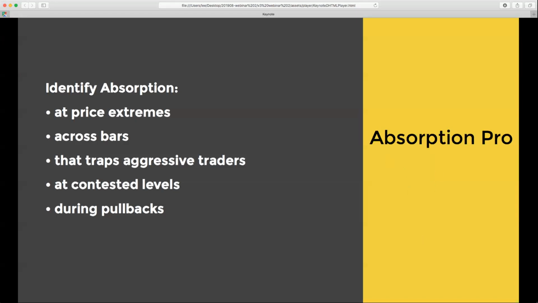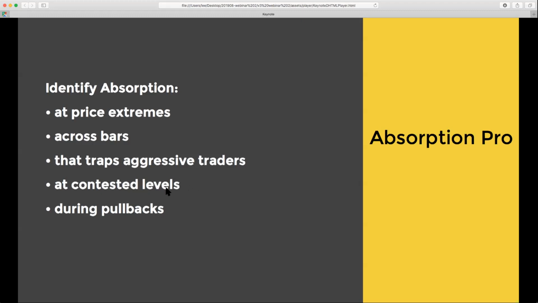It's a single indicator that we can use to identify absorption in several different scenarios. We can identify absorption at price extremes. We can identify it across bars. We can identify it when aggressive traders get trapped, the people who bought high or sold below, which we've all done in our trading careers.